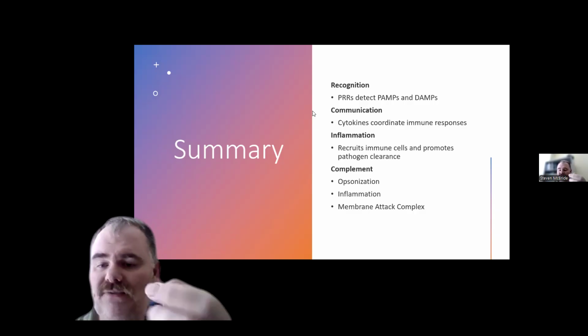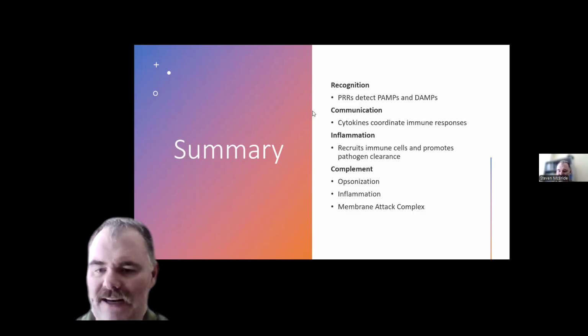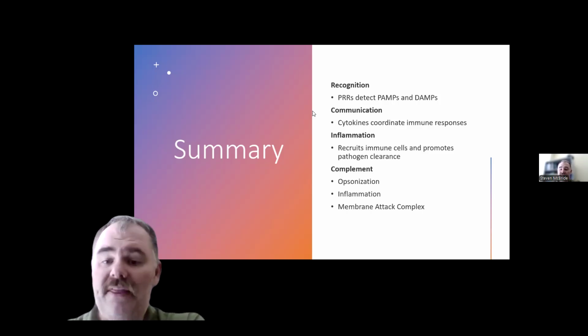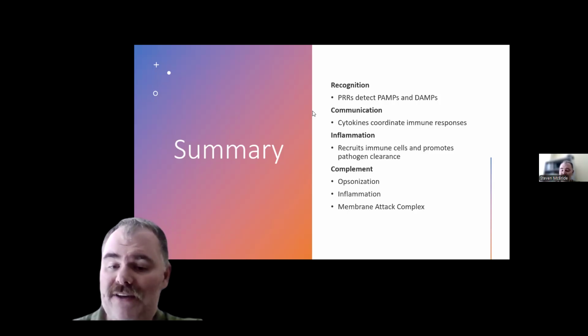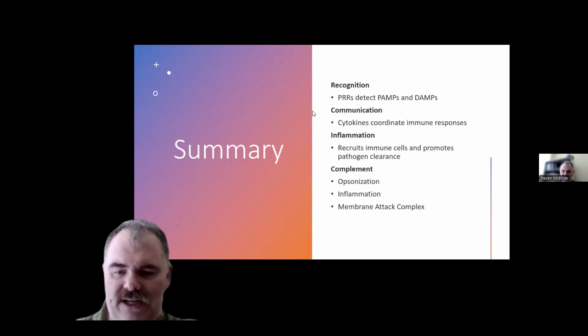Complement proteins further enhance immunity by promoting opsonization, stimulating inflammation, and directly killing some pathogens. The key idea is that innate immunity is not simply a collection of individual cells, it's a highly coordinated system that depends on communication and cooperation among many different components.